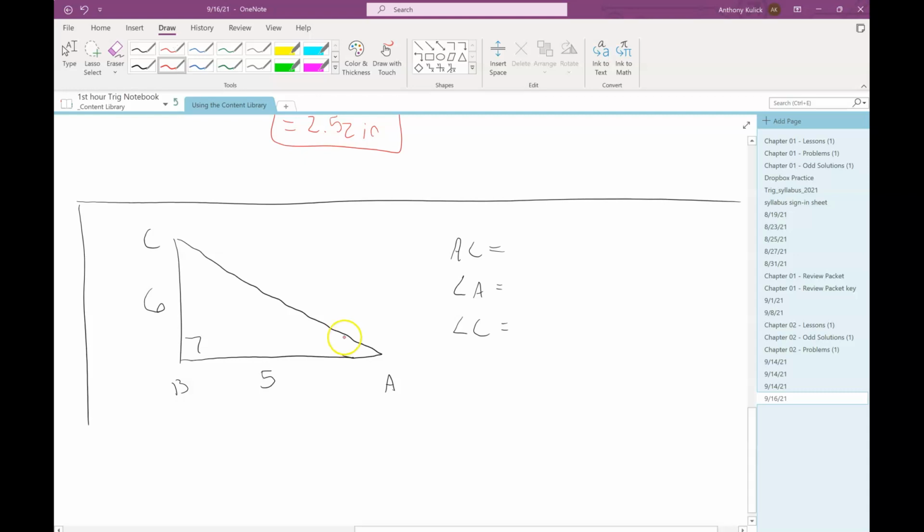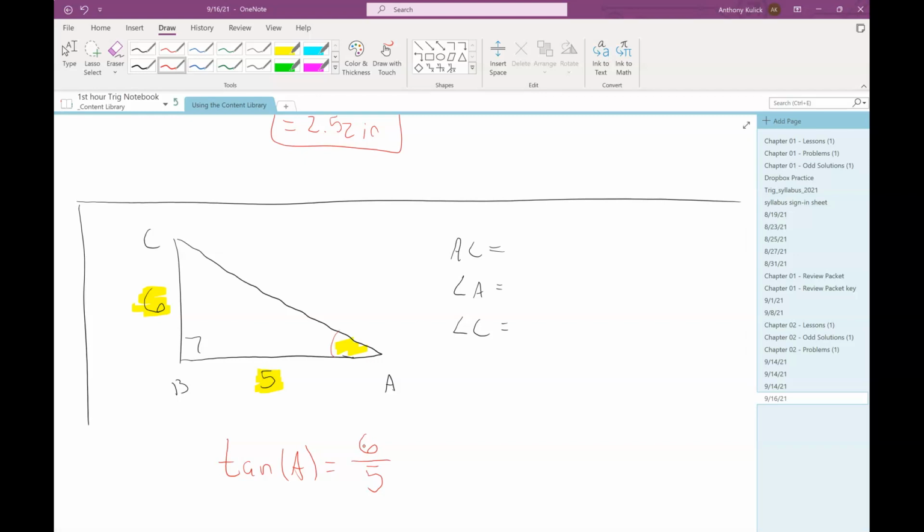So if I'm looking for angle A, I know something about the opposite side and the adjacent side. So which trig function should I use in this case? Tangent, right? Because I know that tangent is opposite over adjacent. So I would say that tangent of A is equal to the opposite over adjacent. Everybody so far so good?